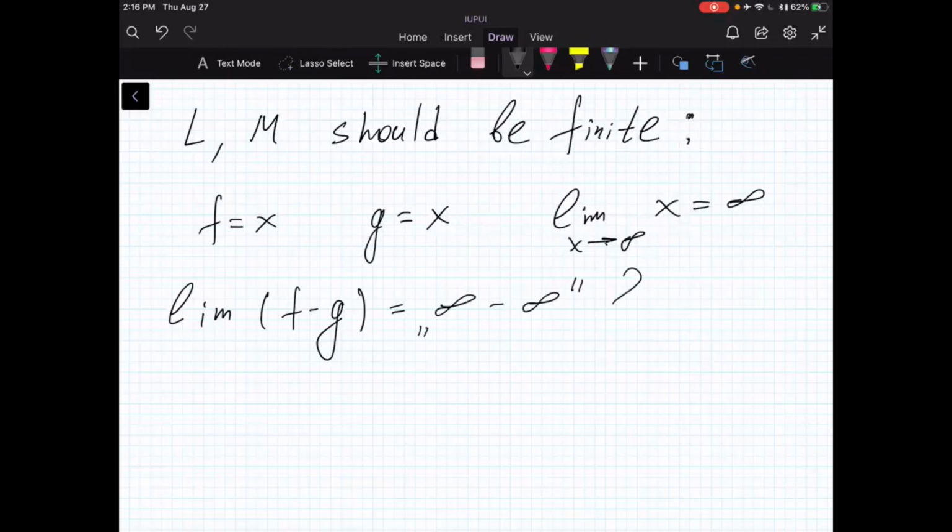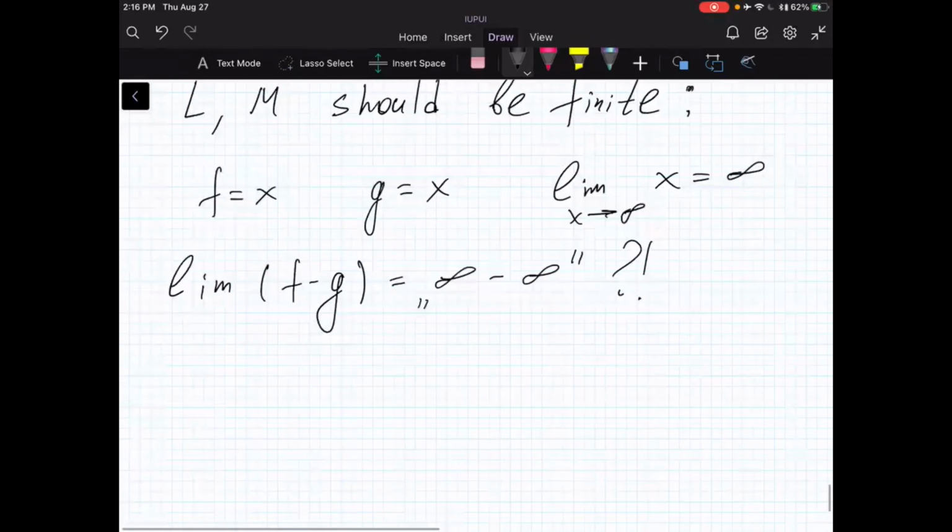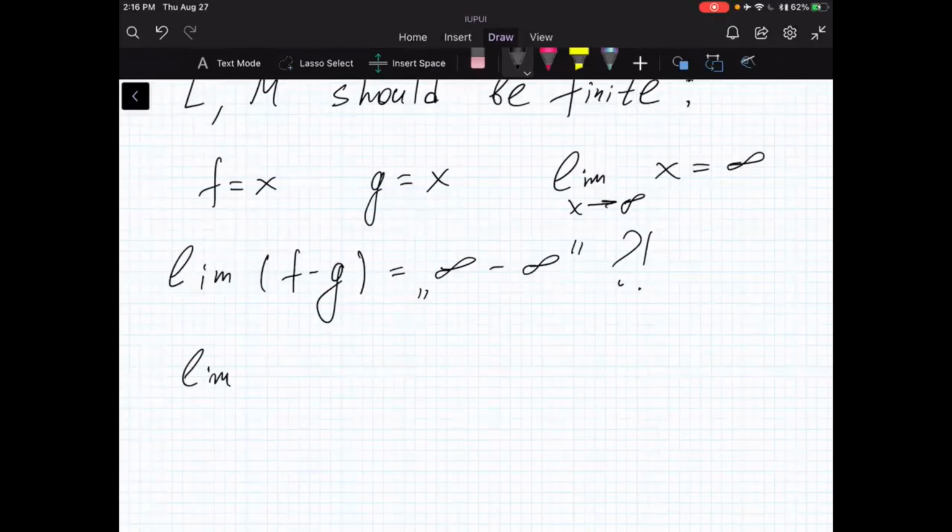And again, it's not clear what it is, because it can be minus infinity, it can be plus infinity, or it can be not defined again. So in this case, of course, this limit should be 0. If you just do it separately, x minus x is 0, and the limit is 0. So you should be accurate when you get infinity minus infinity or infinity divided by infinity and stuff like that.